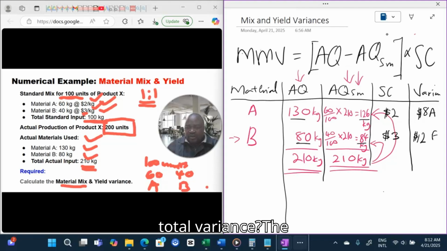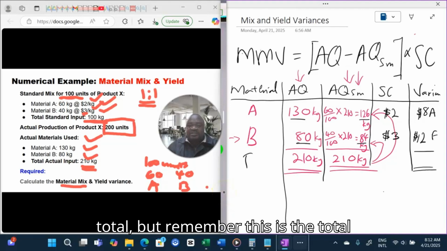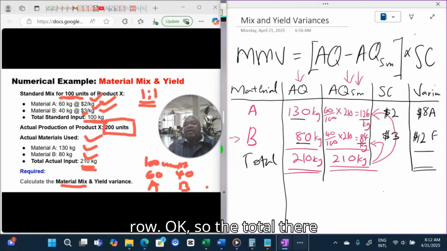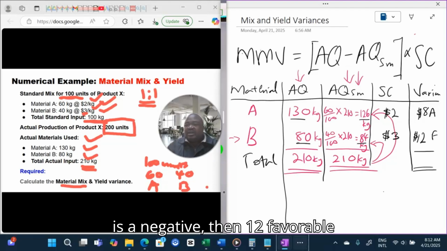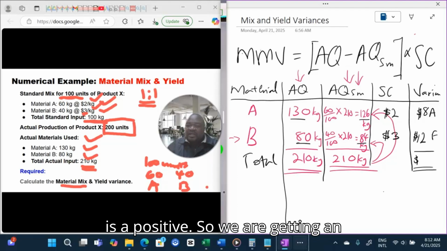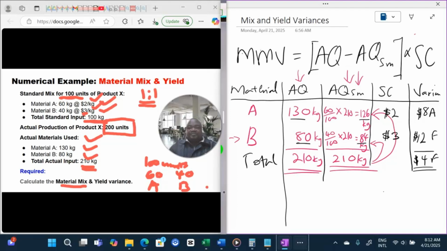So what is the total variance? Remember this is the total row. So the total there should be 8 adverse as a negative, then 12 favorable as a positive. So we are getting an ultimate variance of $4, which is favorable.